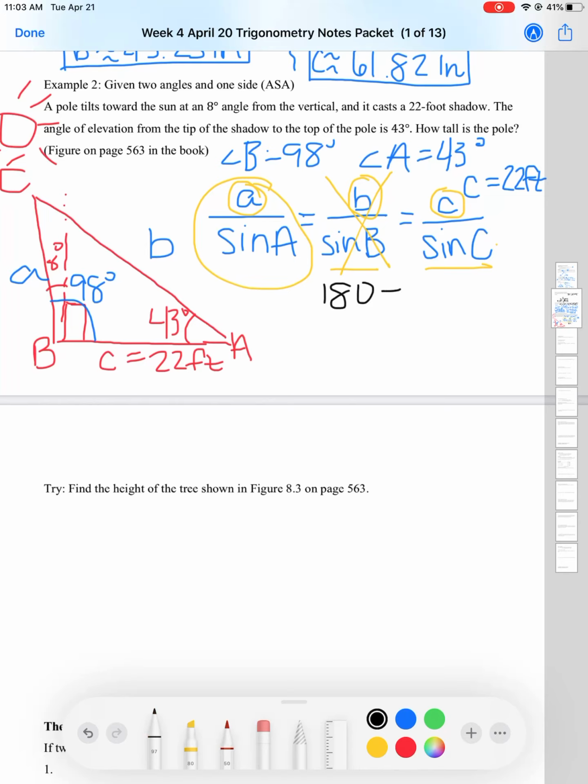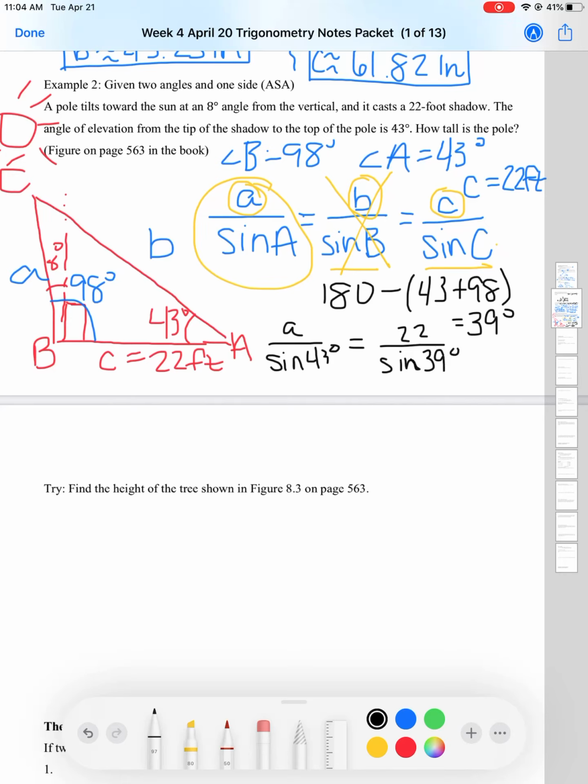We can easily say that 180 minus 43 plus 98 is equal to 39 degrees. So angle C is 39 degrees. So we've got A over sine 43 degrees equals 22 feet over sine 39 degrees.